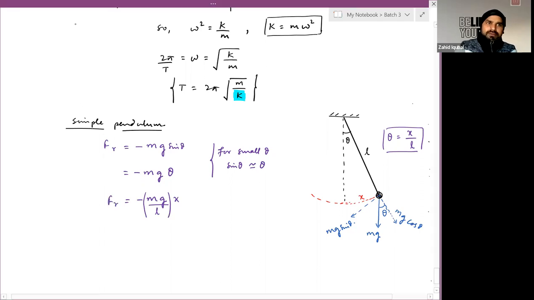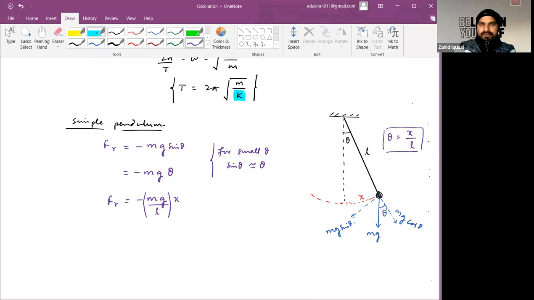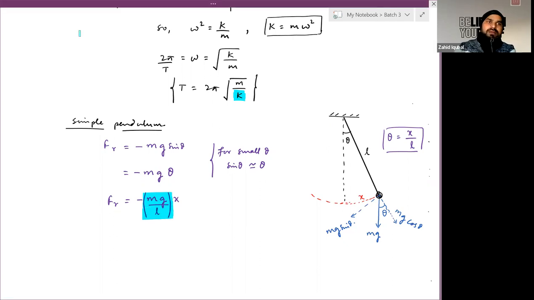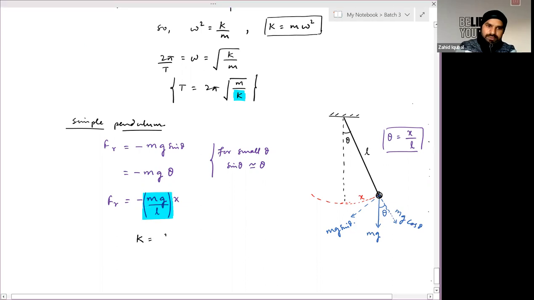Earlier I defined that whenever you have F restoring equals displacement times some constant, that constant behaves as the spring constant, called K. So from this part, K equals mg by L.